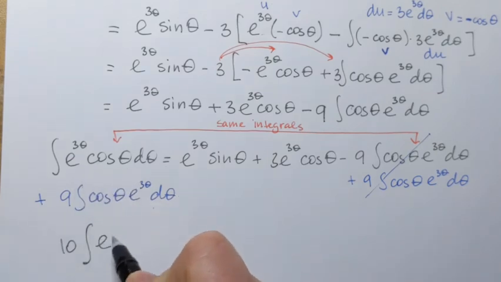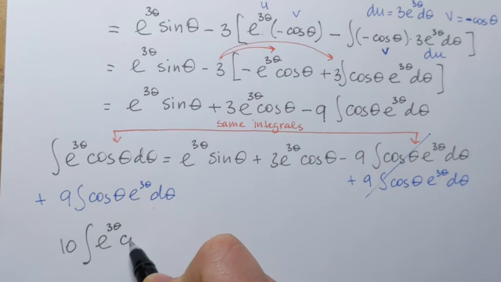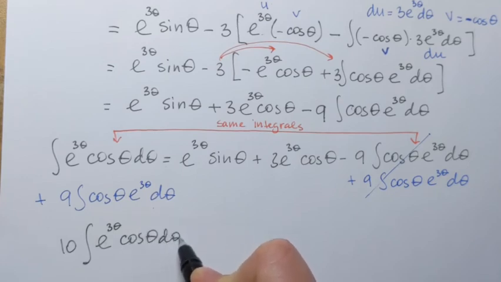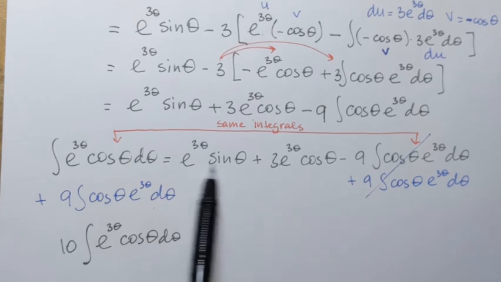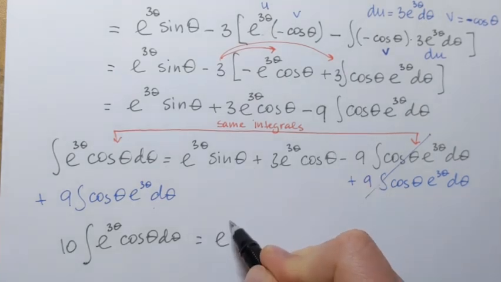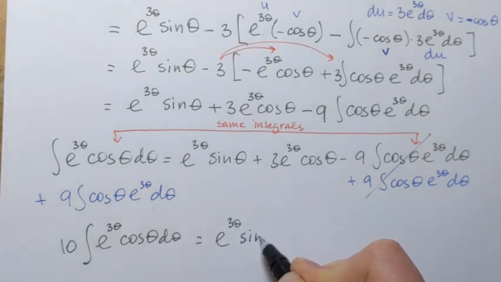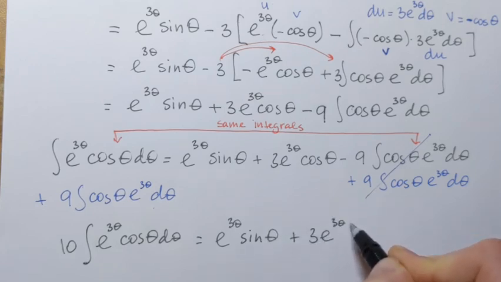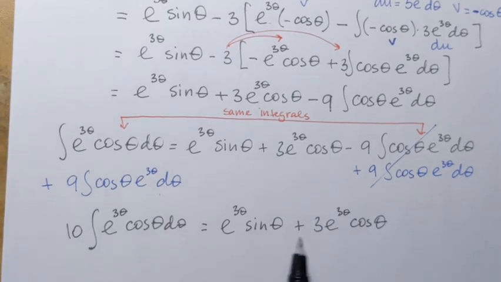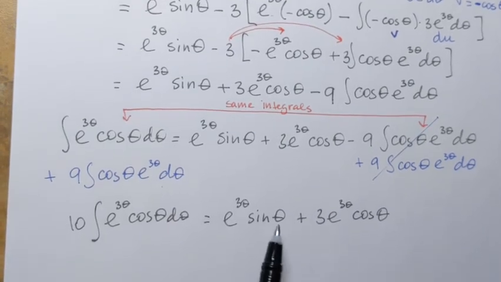So I'll put e to the power 3 theta cosine theta d theta, and then what's left on the right hand side is just the sum of those two expressions. E to the power 3 theta sine theta plus 3e^(3 theta) cosine theta. By the way, they're not like terms, they're different expressions, so I just have to keep them separately.